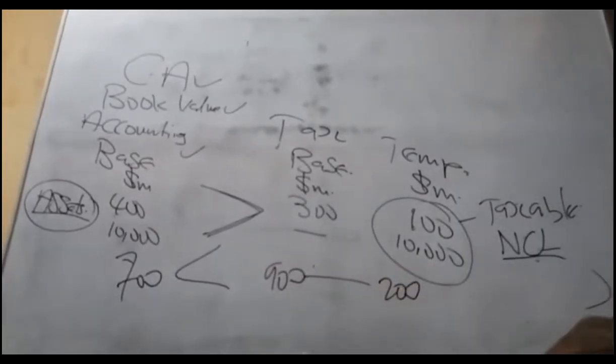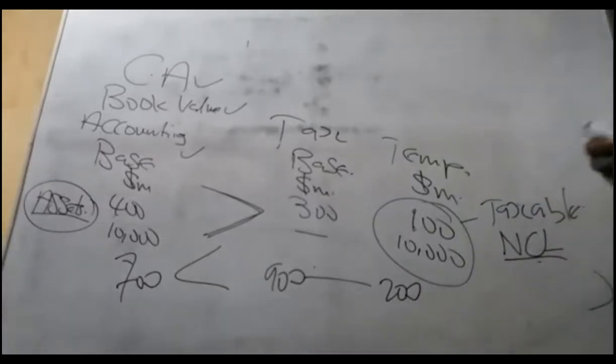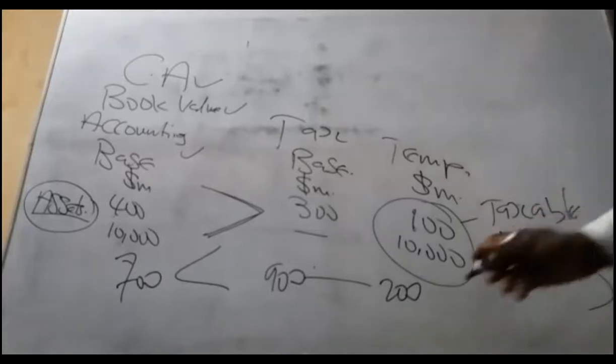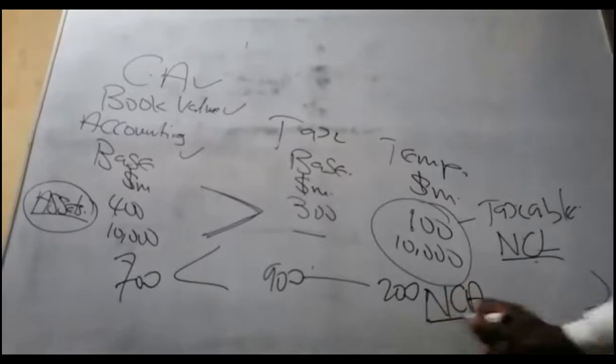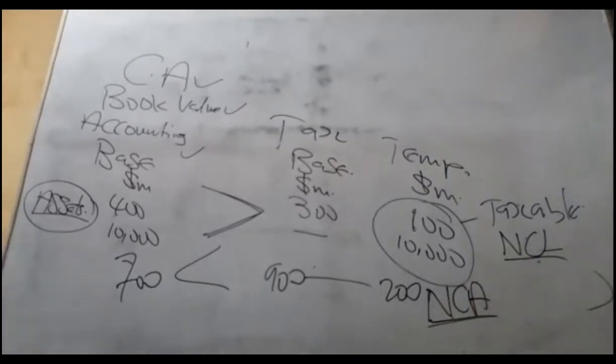We call it deductible temporal difference. Deductible. That means in future, the tax authority will subtract it from our tax. So it's a plus to us. So it will be a non-current asset. So you have to check the item given to you, which one is higher.